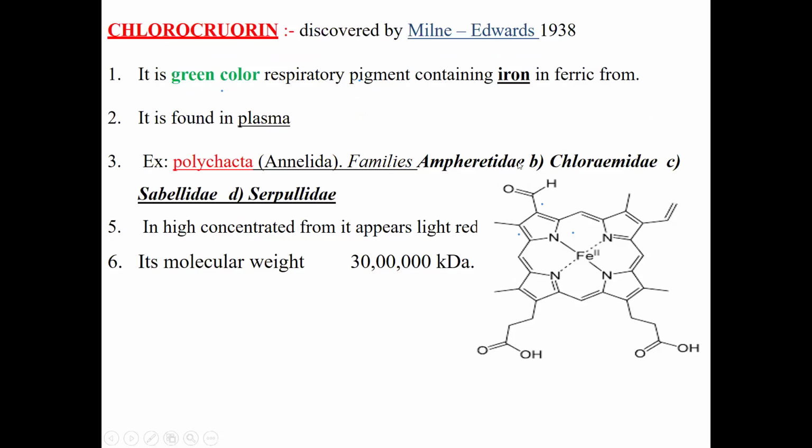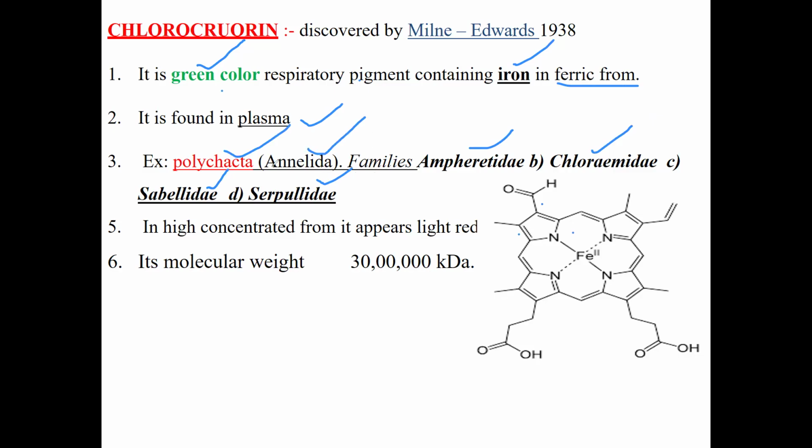And chlorocruorin was discovered in 1938 by Milne-Edwards. It is a green colored pigment and it contains iron in the ferric form. It is found in plasma. Examples are two famous families, Sabellidae and Serpulidae, and of course Ampharetidae and Chloraemidae, of Polychaeta of Annelida.